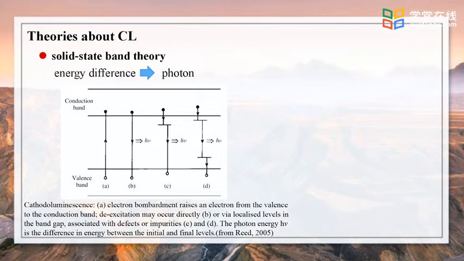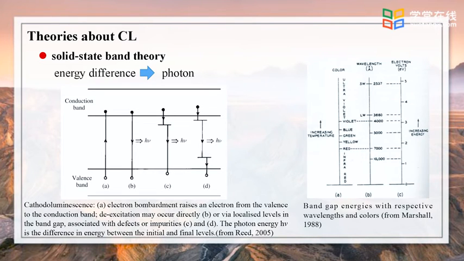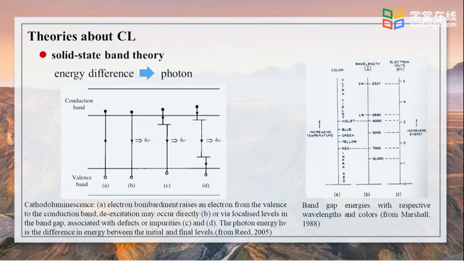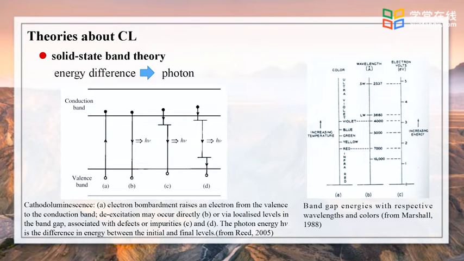The energy difference is released as a photon of a particular wavelength of light. The various band gap energies with their respective wavelengths and colors are shown in the figure on the right. Most of the wavelengths fall within the visible range, sometimes extending into the ultraviolet or infrared.